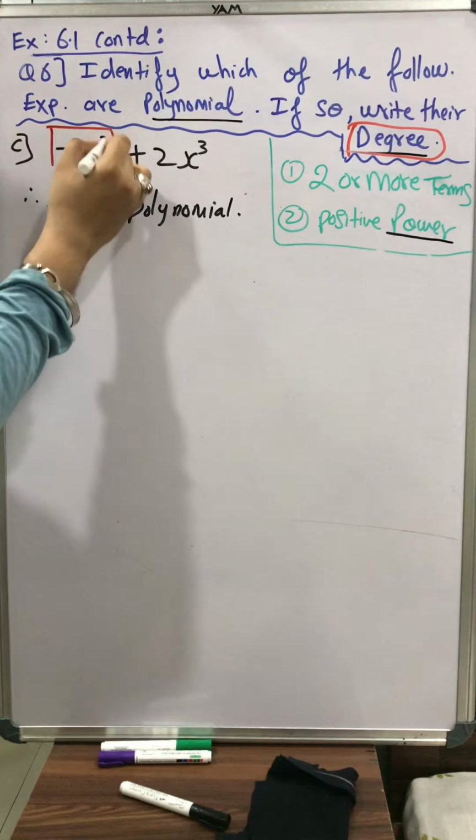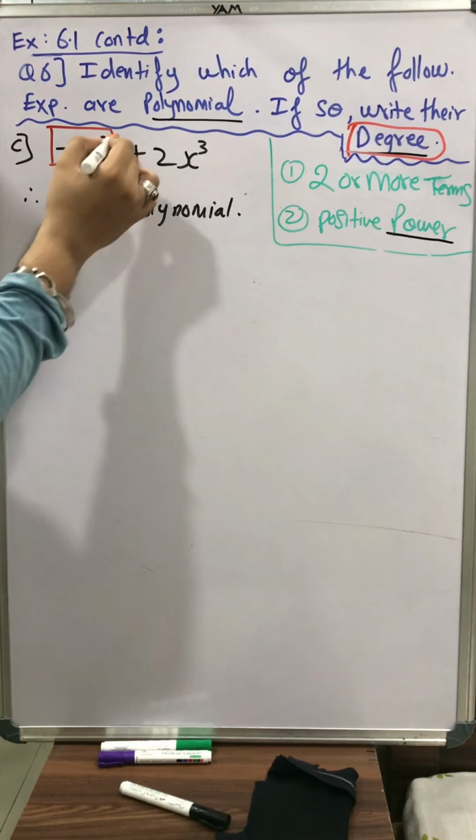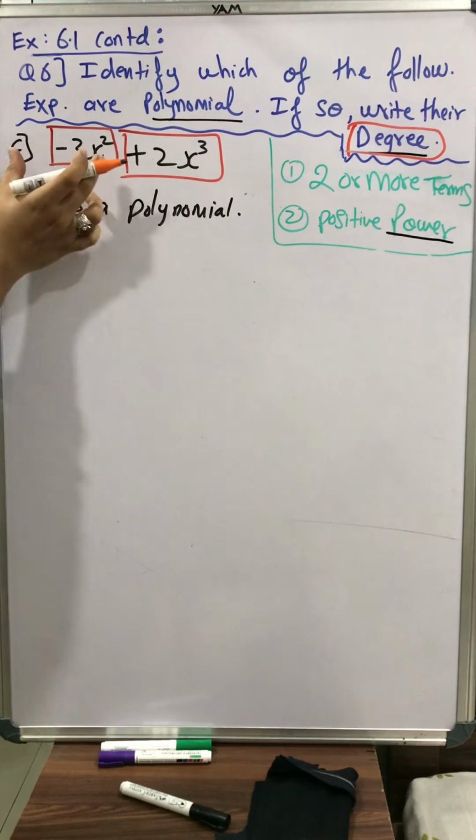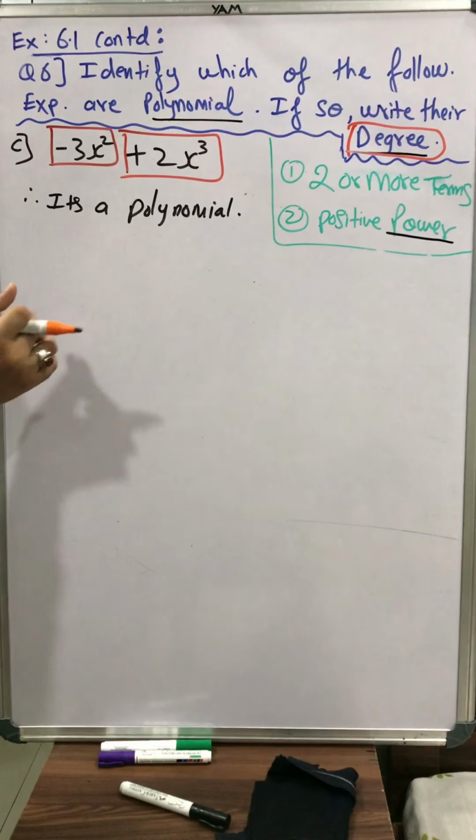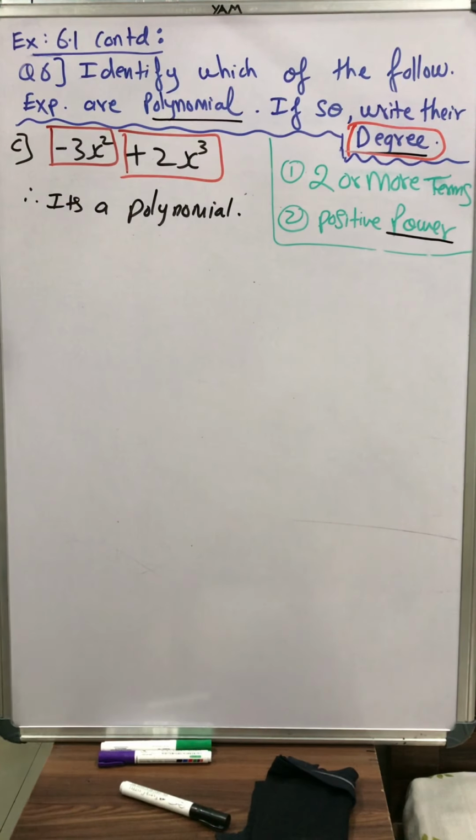This is my first term. This is my second term. Please pay attention on these red boxes. This is my first term, this is my second term. We have to find the degrees of individual terms.